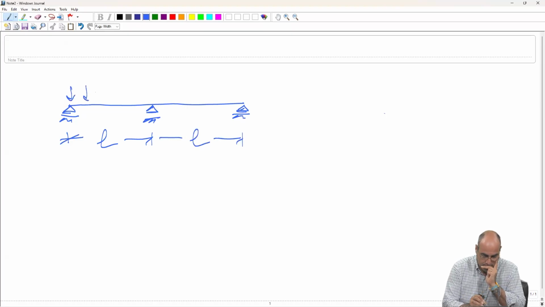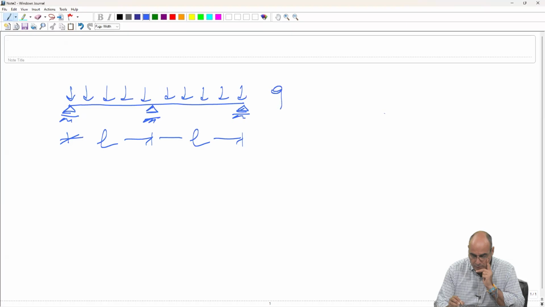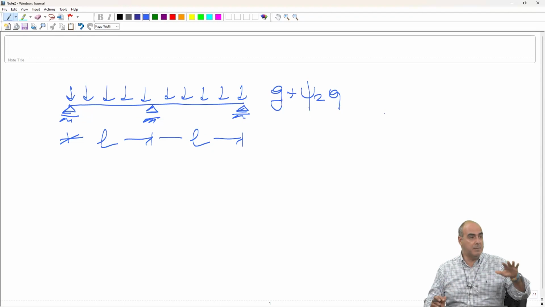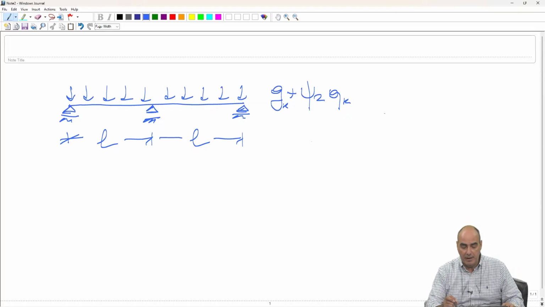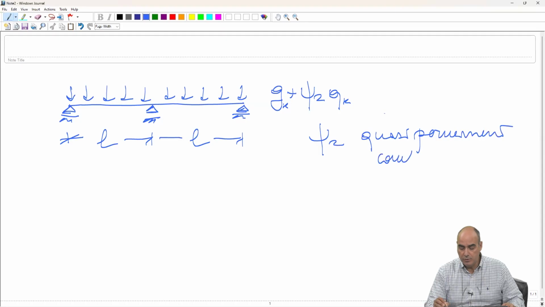And you have some loads here, which is G plus psi 2 Q, which means permanent loads G, characteristic value, variable loads Q, characteristic value. Psi 2 is the quasi-permanent combination coefficient.